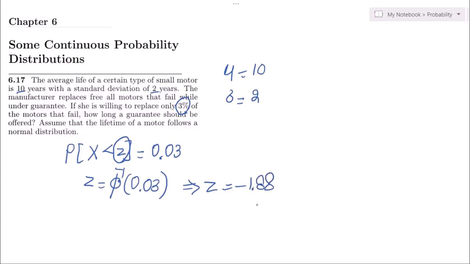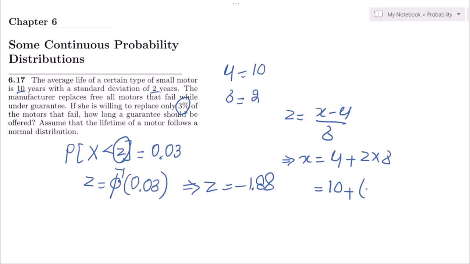From it we have to find the value of X, and we previously have known that Z is equal to X minus mu divided by sigma. From it the value of X is mu plus Z multiplied by sigma. Let me write the value of mu, that is 10, plus the value of Z, which is known, minus 1.88, multiplying with the sigma, which is 2.